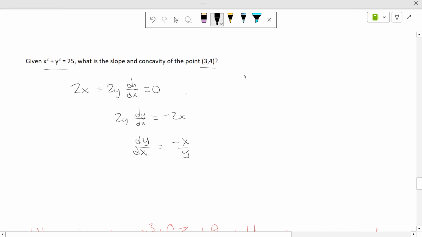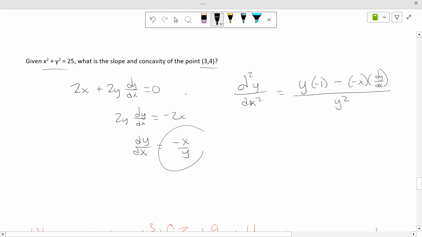So let's take the second derivative. Now we're doing the quotient rule: y times negative 1 minus negative x times dy/dx, over y squared. Well, what was dy/dx? Negative x over y.